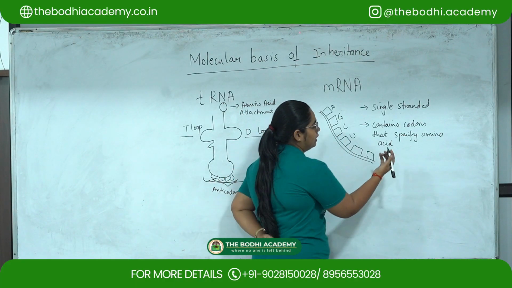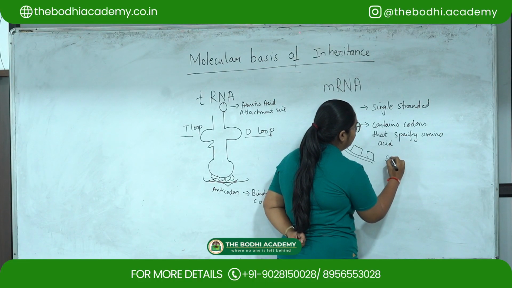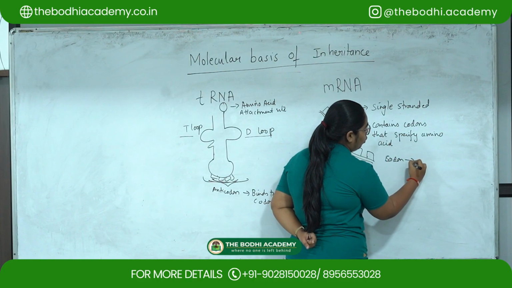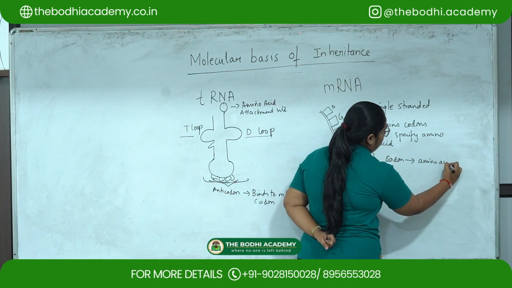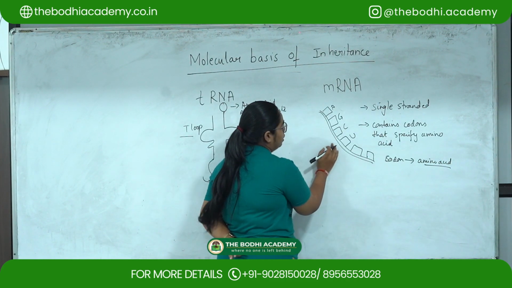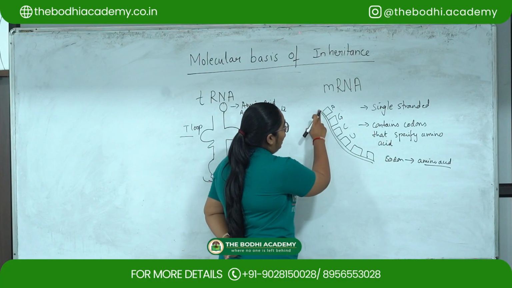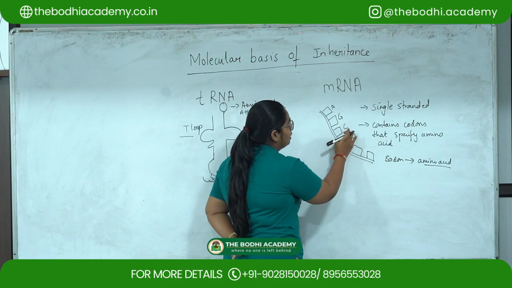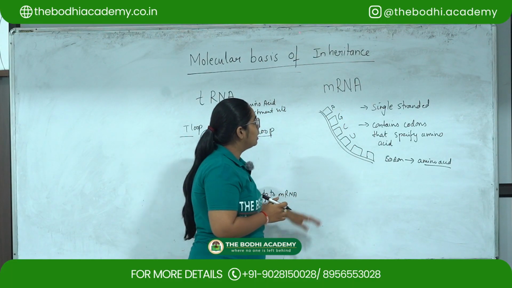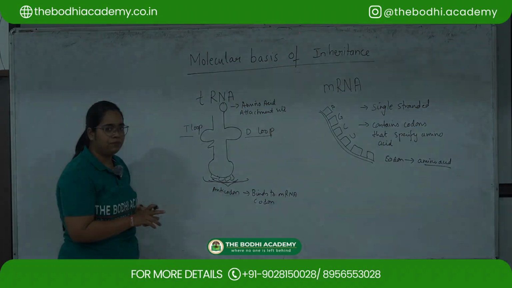So a specific sequence of codons will code for a specific amino acid. So this is the single strand, the sugar phosphate backbone, and then there will be nucleotides, that is adenine, guanine, cytosine, and uracil. So this is the structure of tRNA and mRNA.